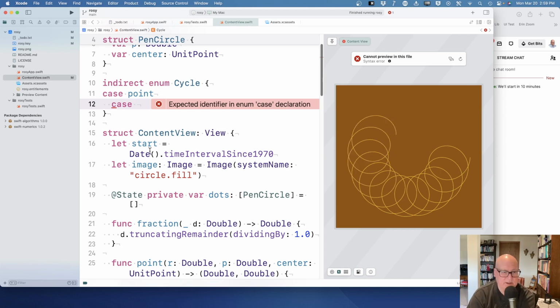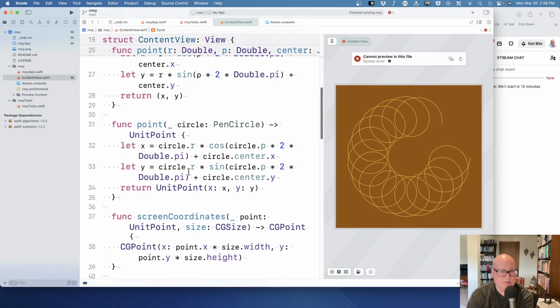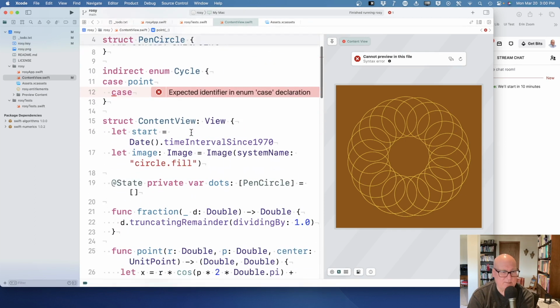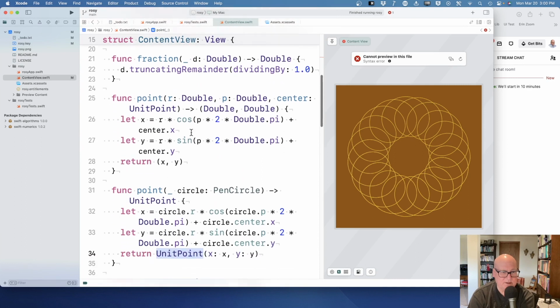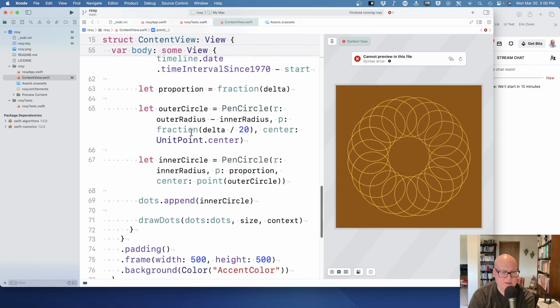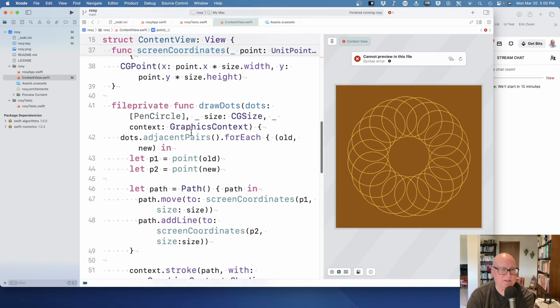We don't want the proportion in there because that's dynamic, but the radius for a given circle is fixed and the center is fixed relative to that circle. That tells me my points. Maybe I shouldn't be tracking the circles. I don't know. Maybe this is the thing I was missing.